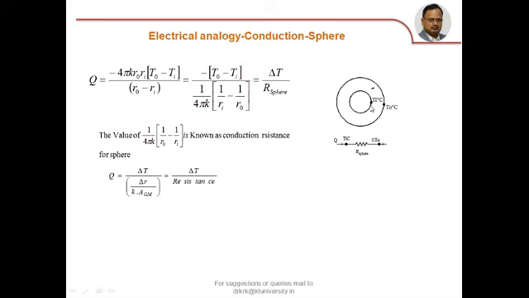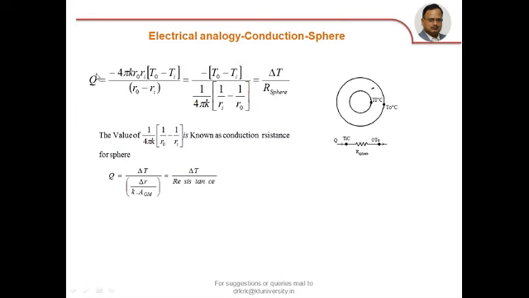Across this resistance, one side you have Ti, the other side you have temperature To. Ti being greater than To, heat flows through the resistor from one side to the other side. And the relationship between Q, delta T and R is given by Q equal to delta T by R sphere.